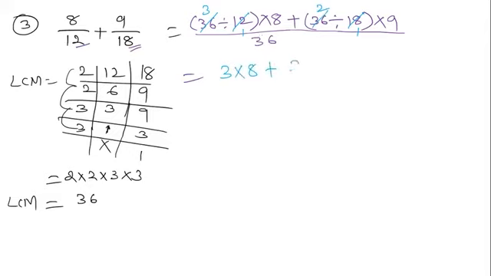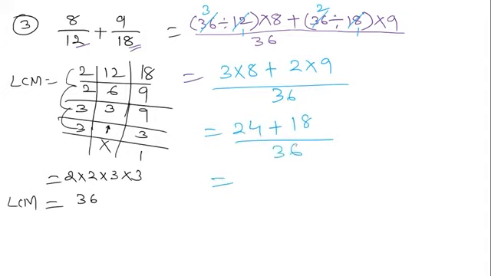In second bracket, I got here 2 multiplied by 9, divided by 36 in the denominator. 8 threes are 24 plus 9 twos are 18 divided by 36. 24 plus 18: 4 plus 8 is 12, carry 1, 1 plus 2 is 3, plus carry 1, 4. 42 divided by 36.